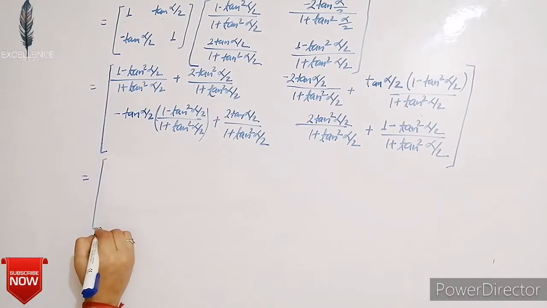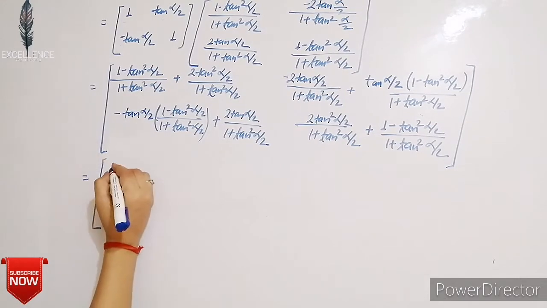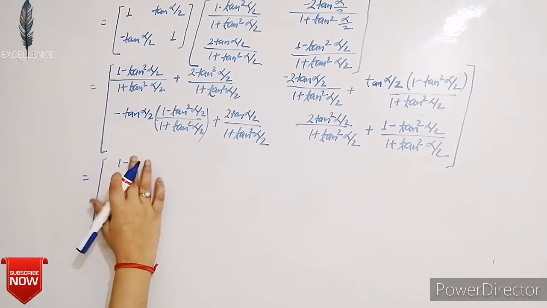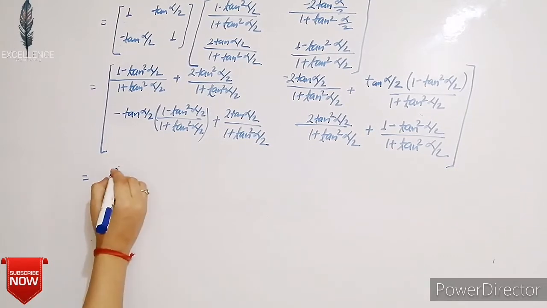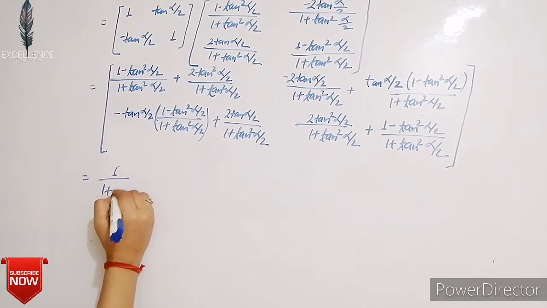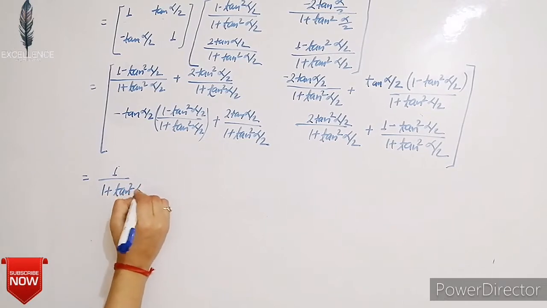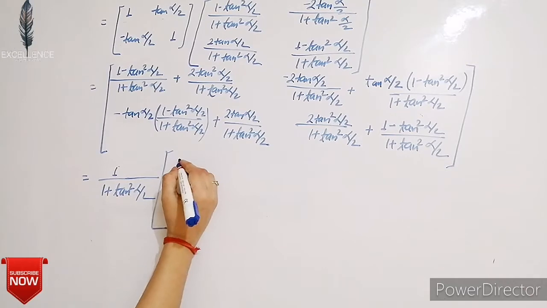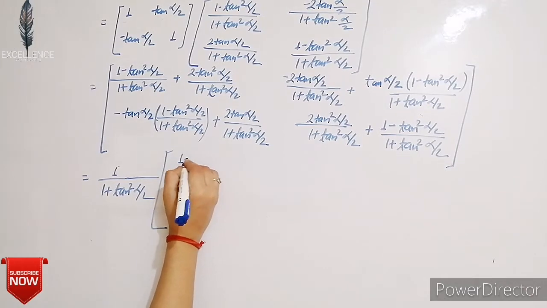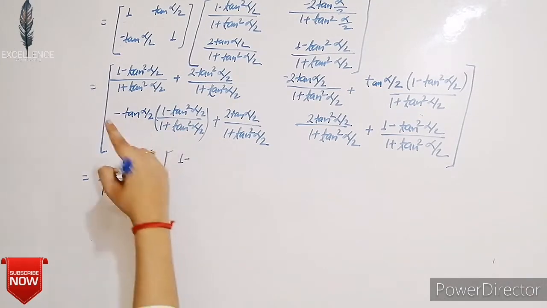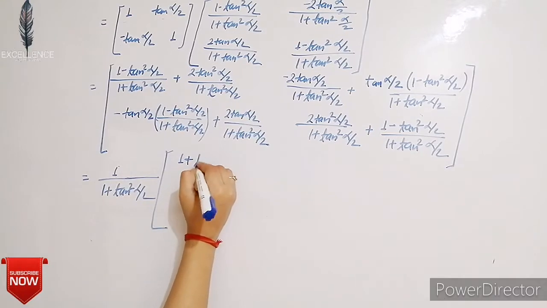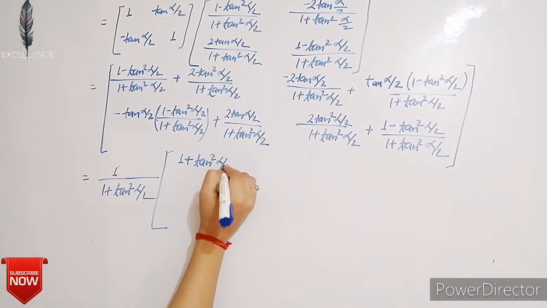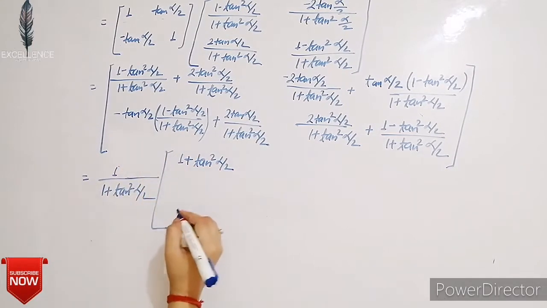Now we have, taking 1 by (1 plus tan square alpha by 2) as common, then in the first element we have 1 minus 2 tan square alpha by 2 minus tan square alpha by 2, that is 1 plus tan square alpha by 2. Okay.